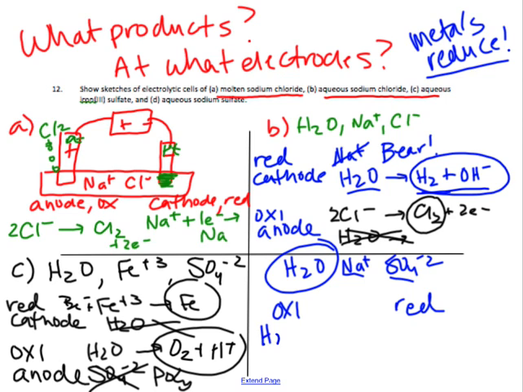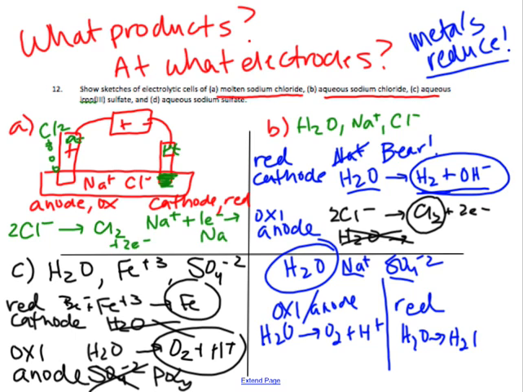So we get H2O makes oxygen plus H+ at the anode, and at the cathode, H2O makes hydrogen plus OH-. Okay? Sound good? Got it?